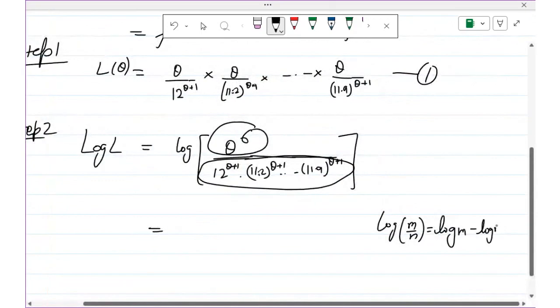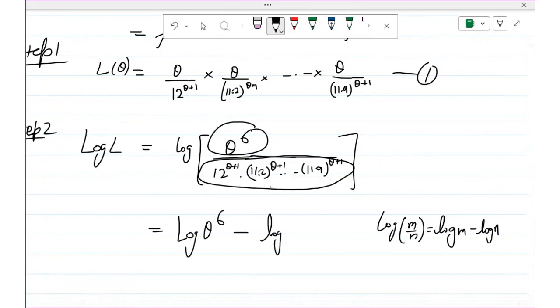So this will be log of theta power 6 minus log of this number in the denominator, 12 raised to power theta plus 1 into 11.2 raised to power theta plus 1 and so on. In the end, 11.9 raised to power theta plus 1.